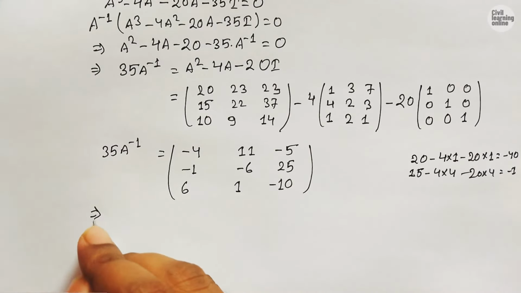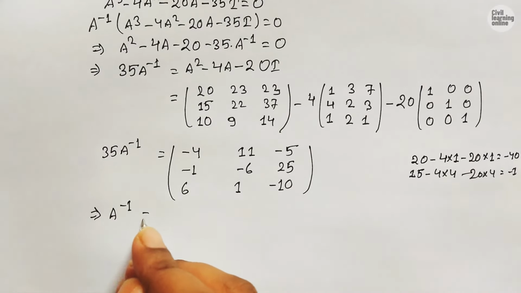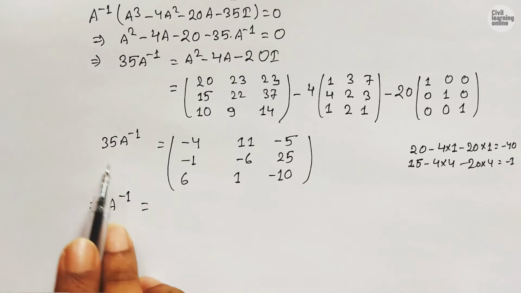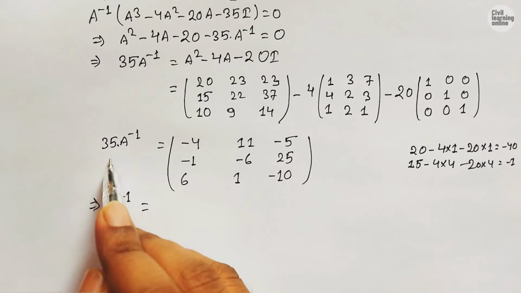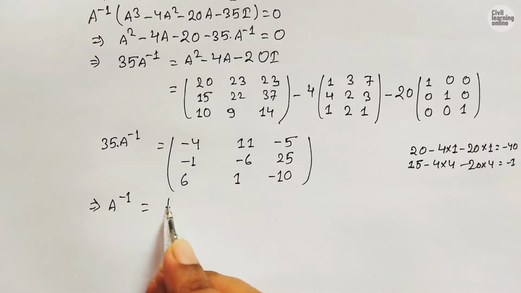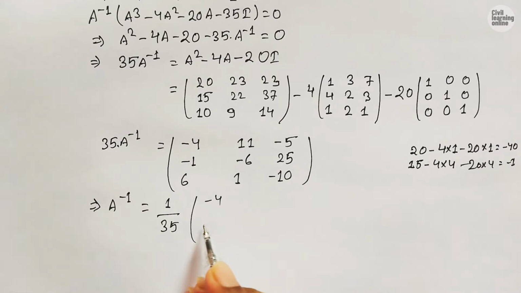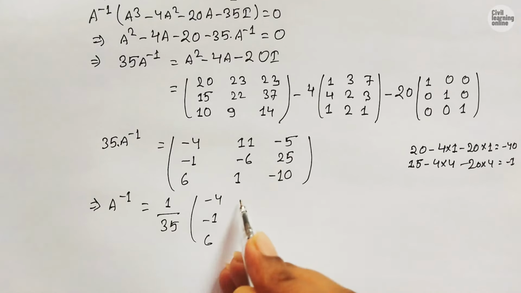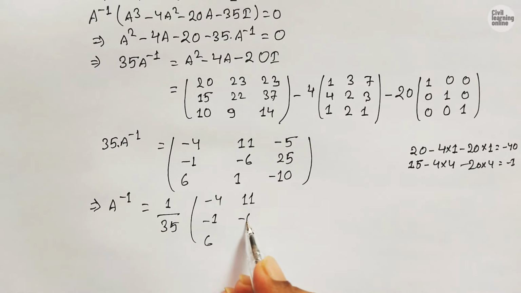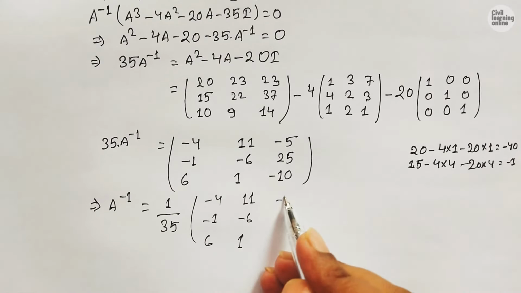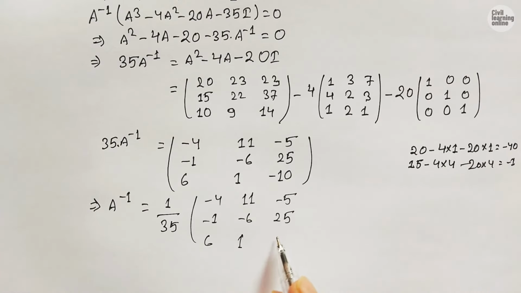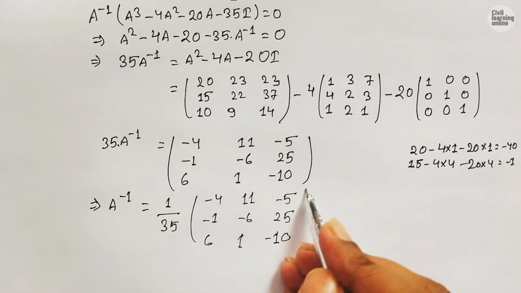So now for A inverse, we have to divide, because this is in multiplication. The 35 will go to that side and it will get divided: 1 by 35 times minus 4, minus 1, 6, 11, minus 6, 1, minus 5, 25 and minus 10.